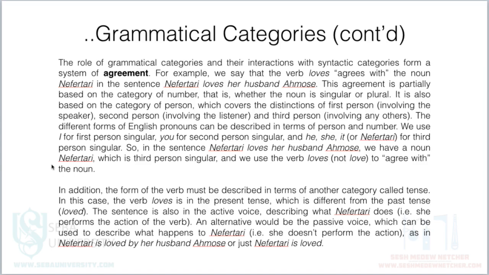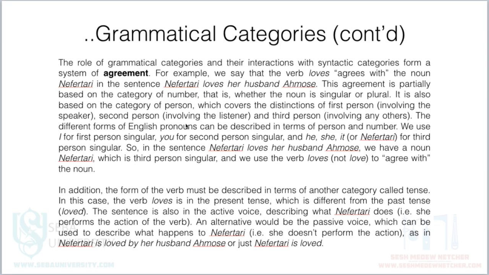And we use the verb loves and not love to agree with the noun. So in other words, we wouldn't say Nefertari love her husband Ahmos. We have to say Nefertari loves her husband Ahmos with the S on it. So this verbal form here has to agree with the subject. Hopefully everyone understands that.